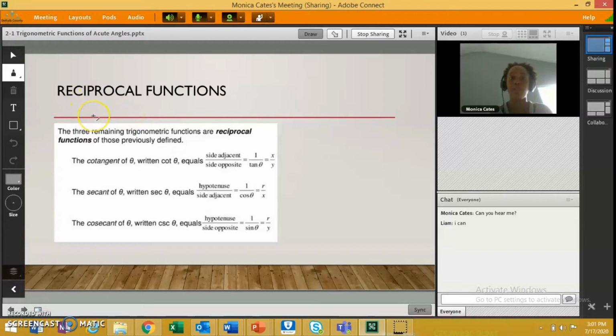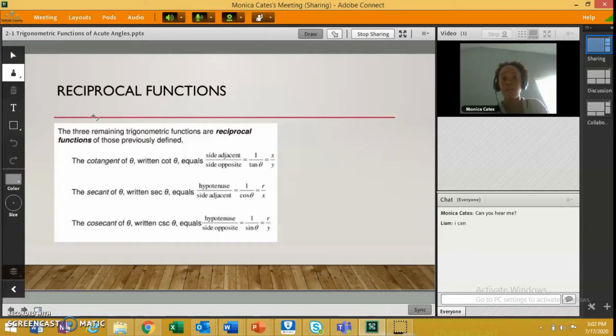So the reciprocal functions, and do you recall what a reciprocal is? Yeah, it's basically like a fraction, like flipped over. Absolutely. Very good. So basically we have reciprocal functions of all of our 3 trig functions. And so that makes up our 6 trigonometric functions.